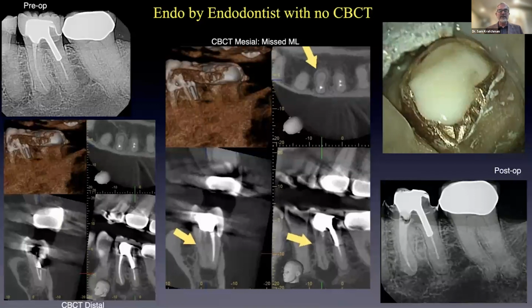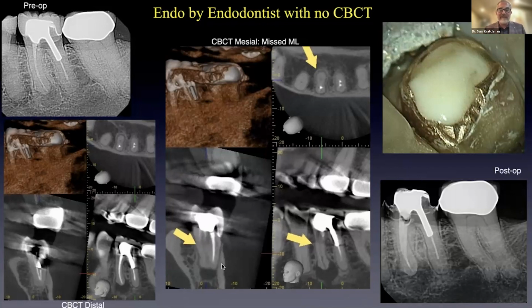Now, when we do something like this, I thought maybe there was a fracture of this tooth, but in actuality, this was done by an endodontist, a great referral who's very astute, and he knew that there was a cast post and core. He said, Sam, can I take this out for you? Can I make a new crown for you? I said, look, let me do an evaluation first. I do an evaluation, and the endodontist just missed the mesial canal.